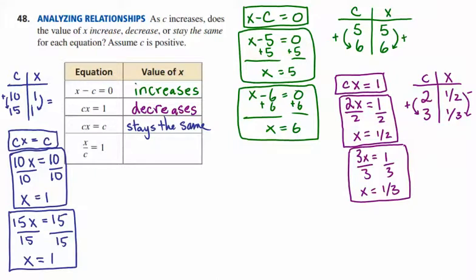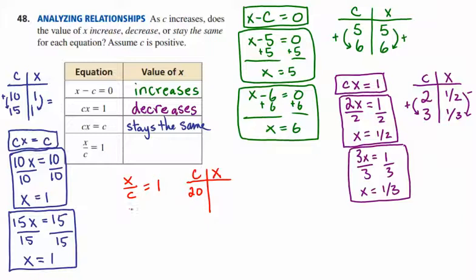Okay, now for the final example, which is x over c is equal to 1. Once again, we make a table of values for c and x. We pick an arbitrary value for c. Once again, arbitrary meaning that it doesn't matter what the value of c is. So let's say that c is equal to 20.